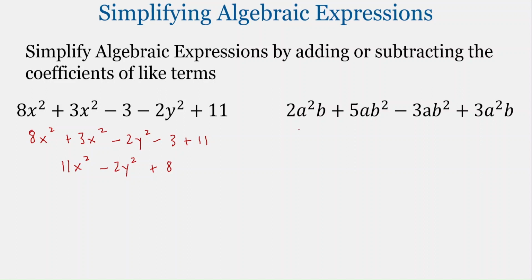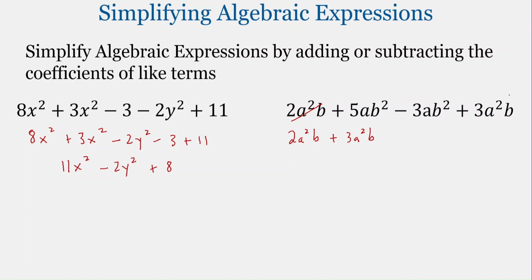So one thing I do sometimes is as I use a term, I will cross it out. So I'm going to start grouping the like terms. And as I group them, I will cross them out from the original expression. So I'll bring down the 2a squared b. And I'll kind of cross that term out. I know I've used it. Well, then I'm going to bring down this plus 3a squared b.